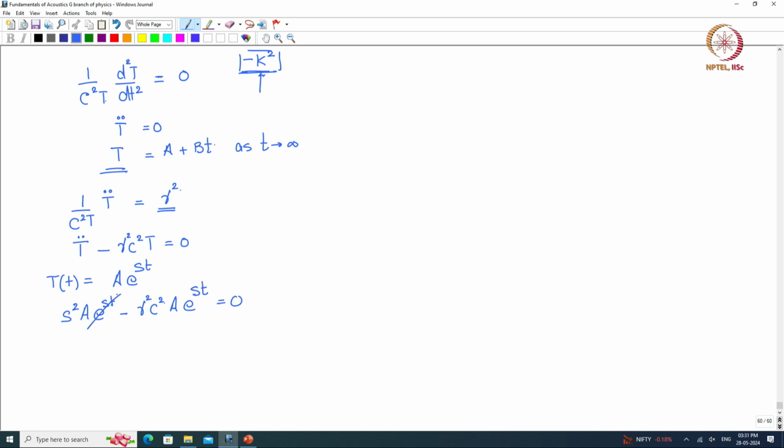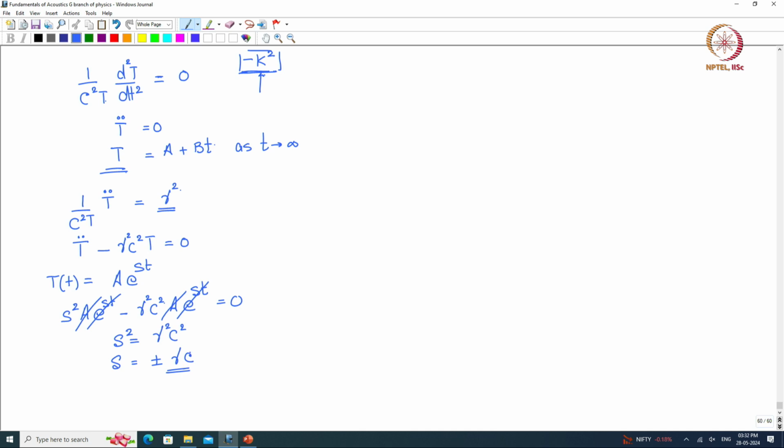E to the power st is not equal to 0, a is not equal to 0. So I have s square is equal to gamma square c square, or s is equal to plus or minus gamma c. Gamma is a positive real number, c is a positive real number.